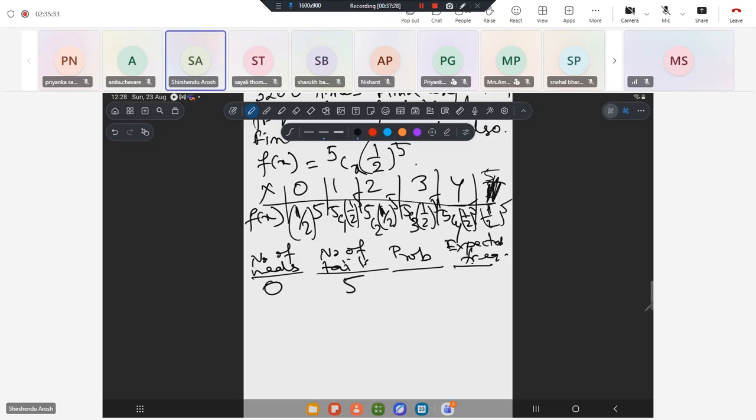That means it is 1 by 32, times 3200, so we are supposed to get 100.